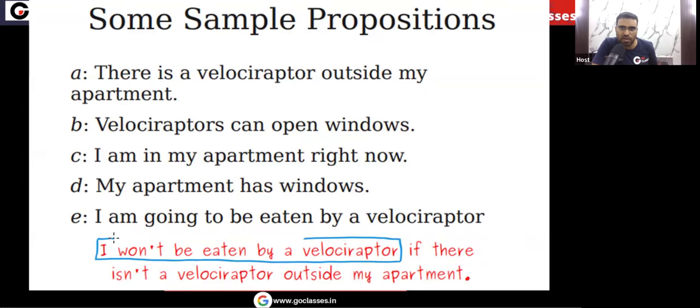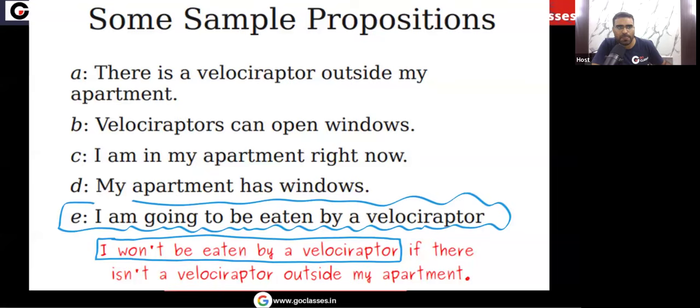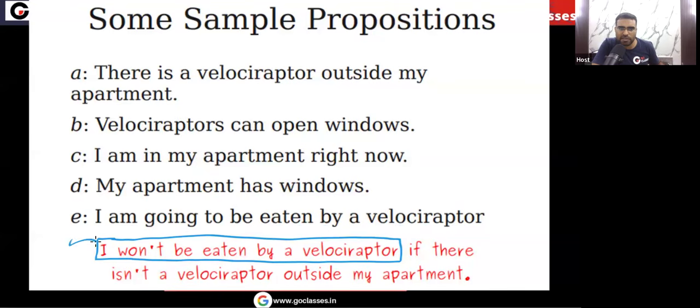You can see, this is E bar. Yes or no? What is E? Statement E is saying, I am going to be eaten by a velociraptor. So can I say this is the negation of E? I won't be eaten by a velociraptor, that is the negation of E.